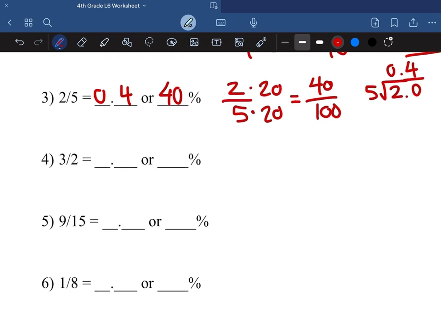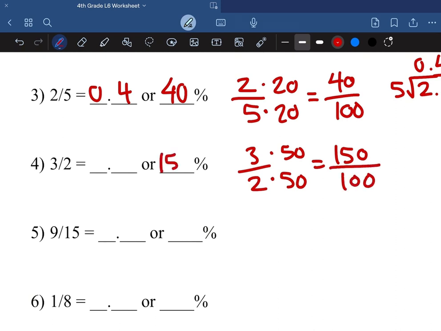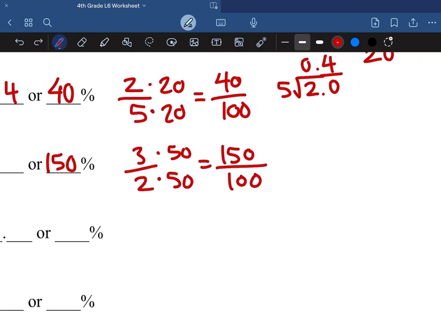Number 4, 3 over 2. Here you multiply both the numerator and the denominator by 50 to get 150 over 100. So for number 4, the percentage would be 150%. When you divide 3 by 2, 2 goes into 3 once. 3 minus 2 is 1.